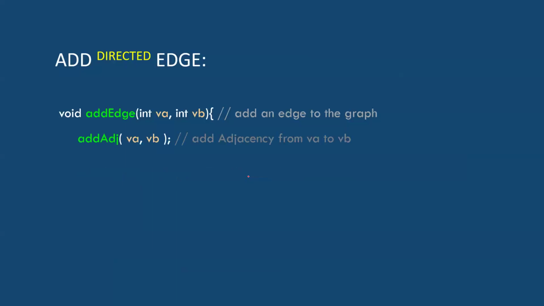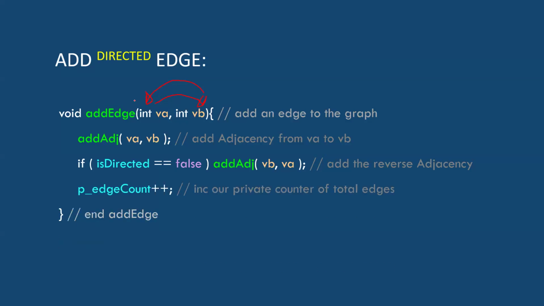Essentially, we're always going to add in the direction of A toward B, right? But we're only going to add the other one if it's not directed. So if it's not directed, we'll do what we've been doing all along and add this second adjacency, right? But otherwise, we're not going to do it, okay? So this second arrow is only going to happen in an undirected graph.